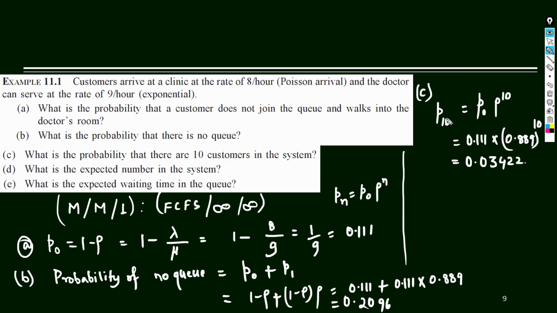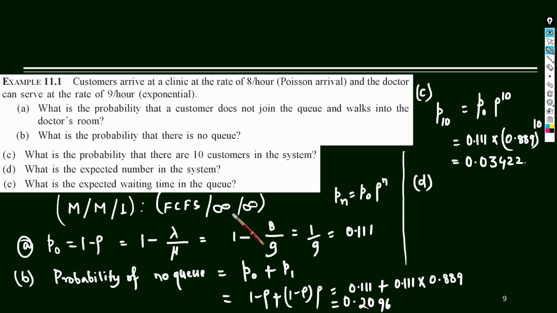There is no way to calculate how many customers are in the queue, unless it is given how many persons are getting served. Clear? So this is always asked, 10 customers in the system. All the formulas, Pn, n is the number of customers in the system.